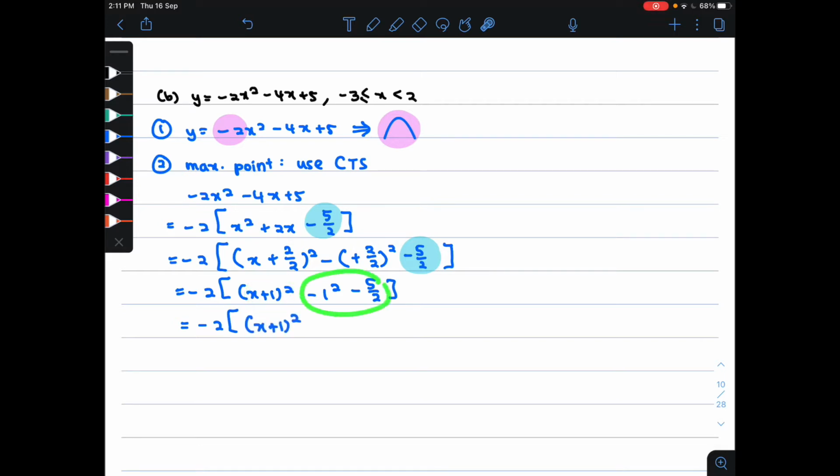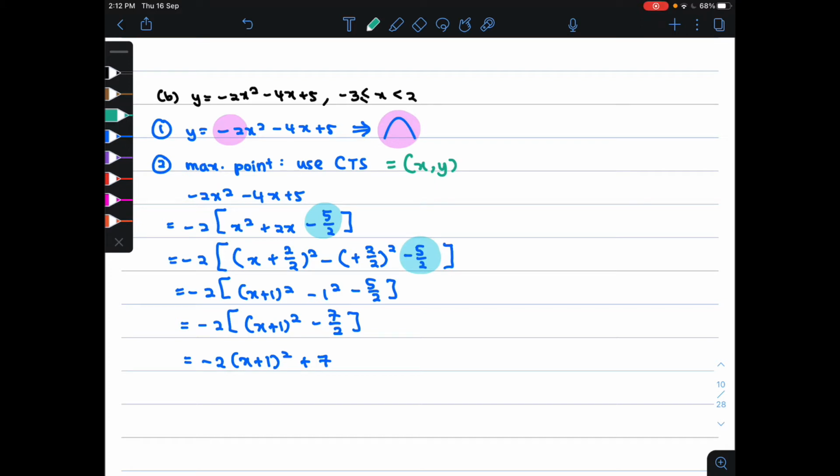And this one, kamu masuk calculator, kamu akan dapat -7/2. So, are we done yet? No, we still need to expand -2 inside the bracket again. So, untuk cari maximum point, mestilah kita nak cari koordinat x dengan y.